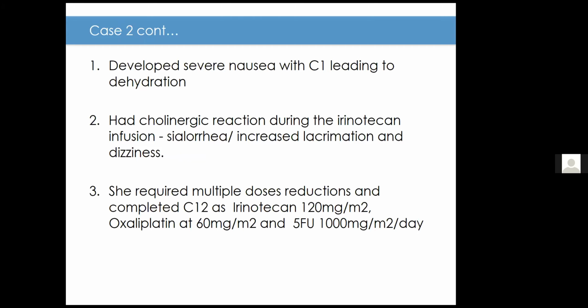She also had a cholinergic reaction during irinotecan infusion, which improved with slowing down the rate of the irinotecan. She had multiple dose reductions to be able to tolerate, and in the end, she was having irinotecan at 120, oxaliplatin at 60, and 5-FU at 1,000.